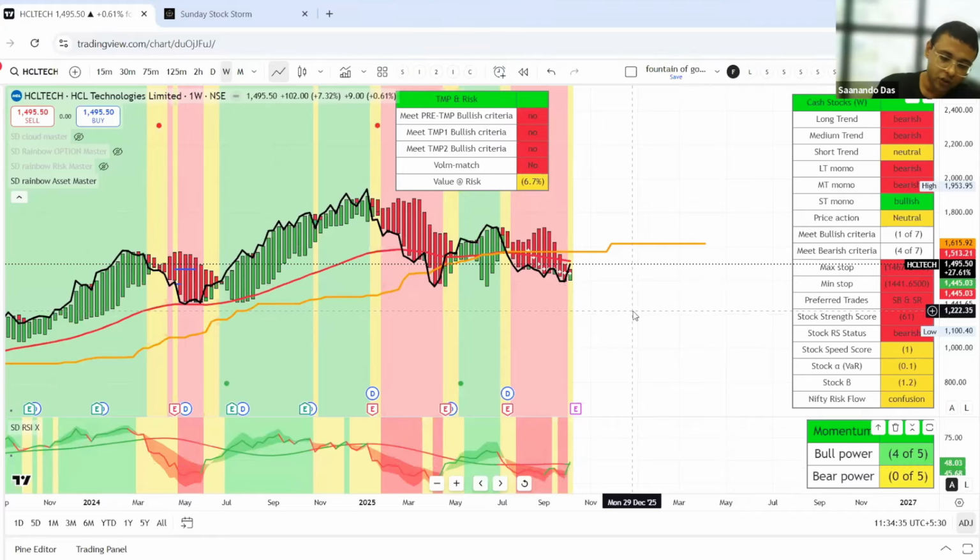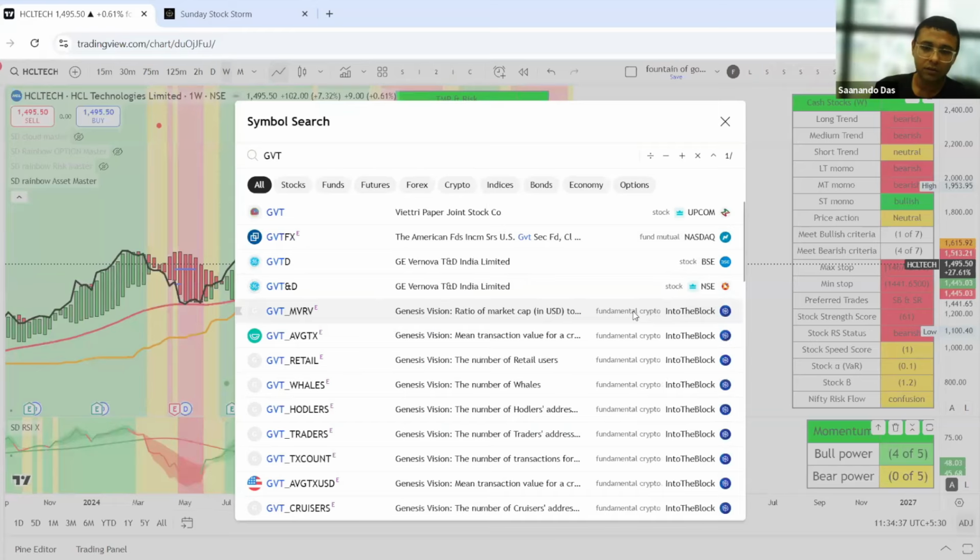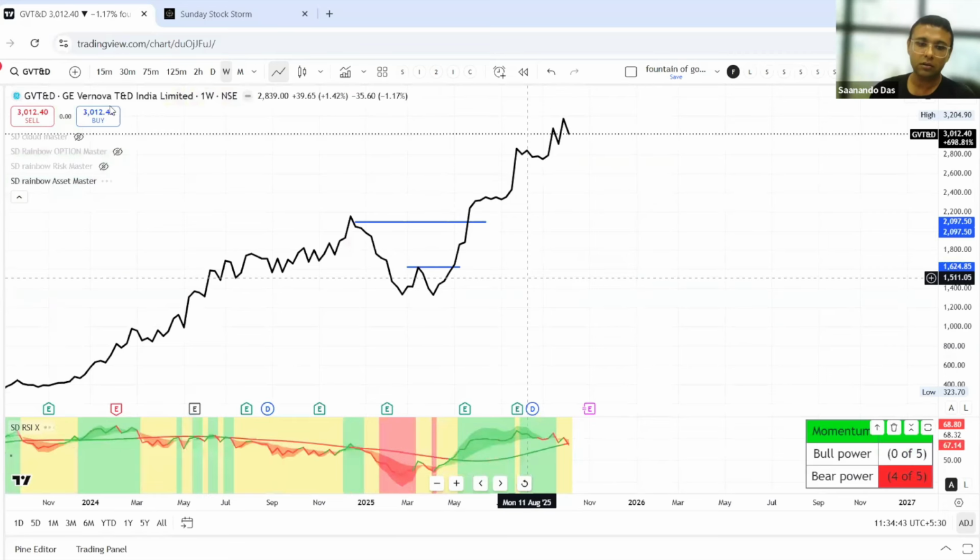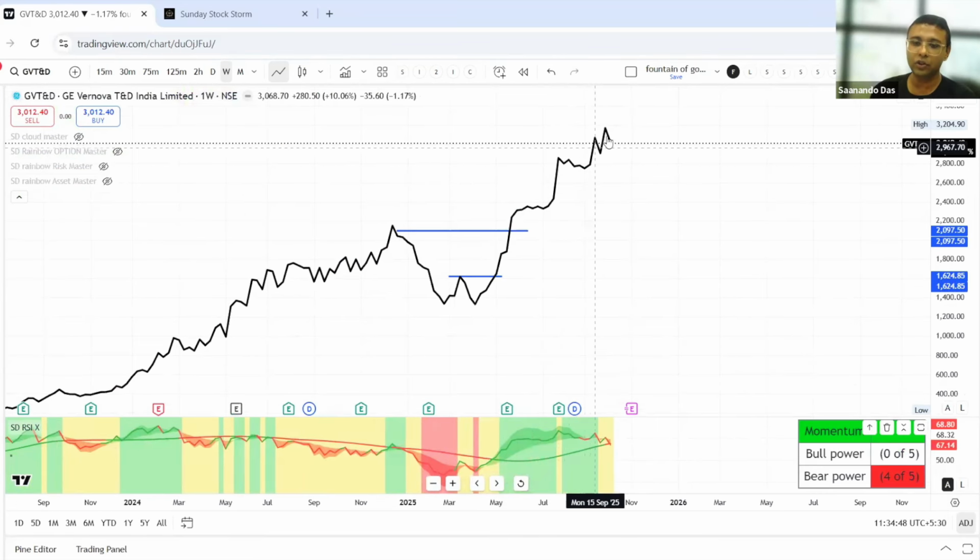GVT and D. GE Vernova is the stock. Without even the rainbow, you can see the line chart is clearly in a bullish phase, Dow structure.